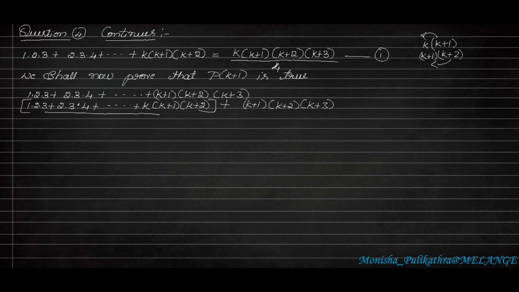So for this group I will be substituting the equation 1 formula, because 1, 2, 3 up to k plus 2 is also equal to this formula, we have already derived it. So instead of this we can write it as k into k plus 1 into k plus 2 into k plus 3, whole divided by 4, plus k plus 1, k plus 2, k plus 3.